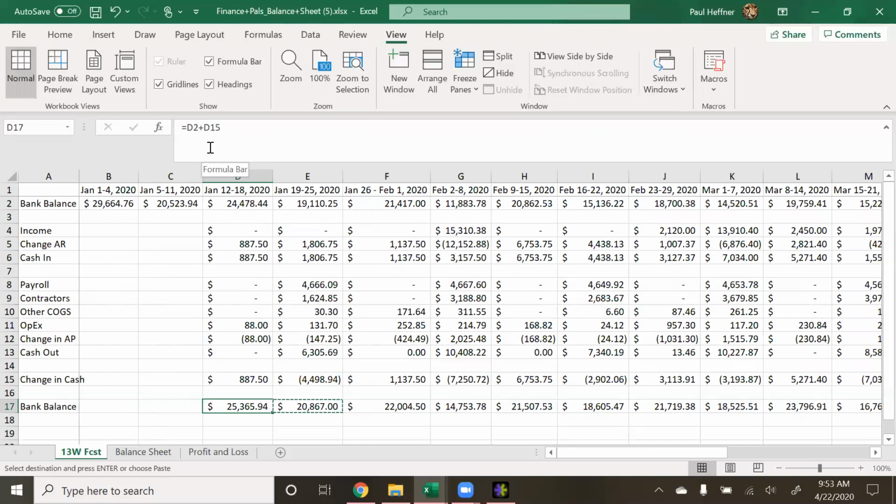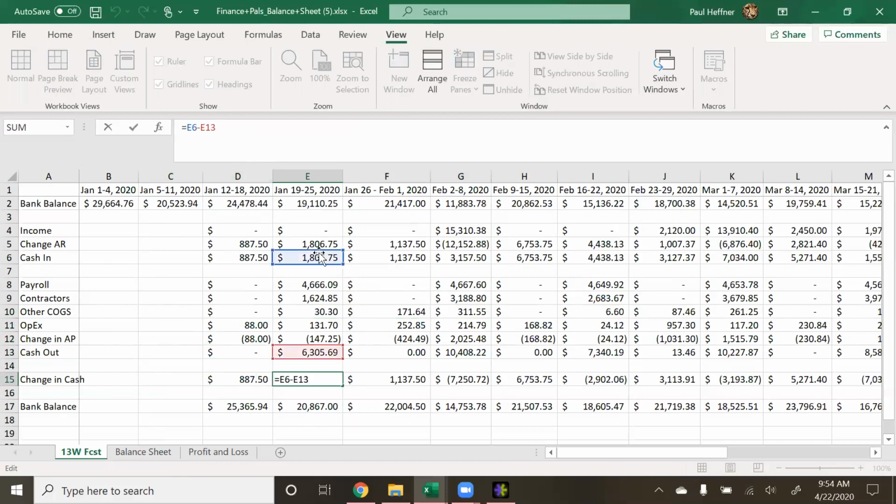Let me just check this change in AP. So February 2nd, showing 2000. Oh, I know what I did. No, that's right. So this money in, this money out.